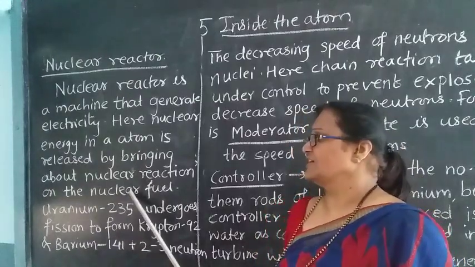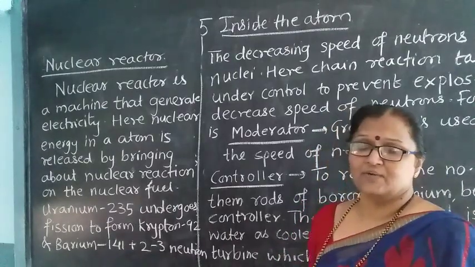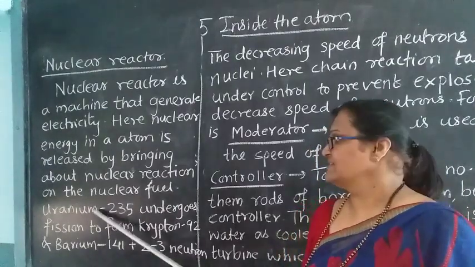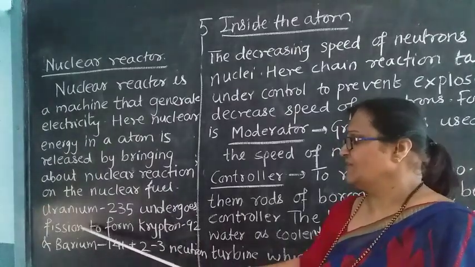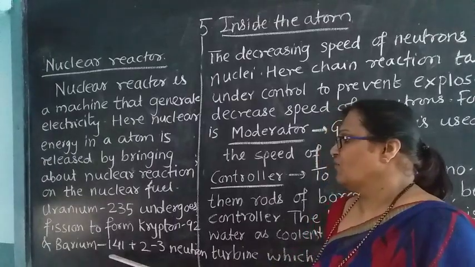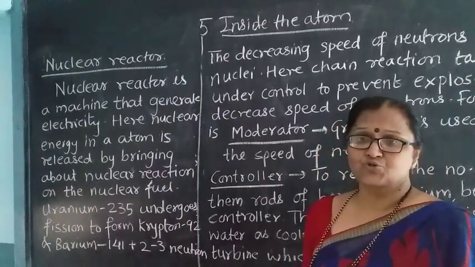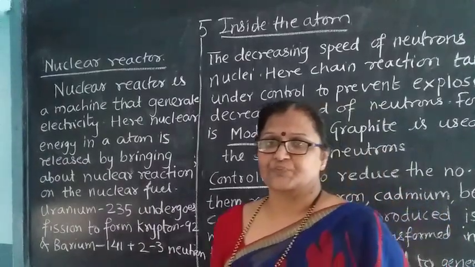So which is the nuclear fuel here? Uranium-235. Uranium-235 is used in this plant. Here it undergoes fission to form krypton-92 and barium-141. Plus 2 to 3 neutrons are formed in this reaction.